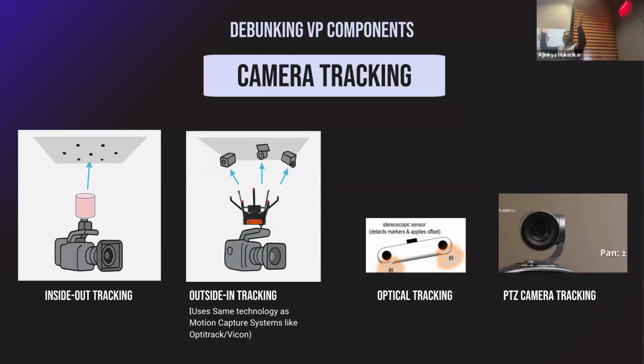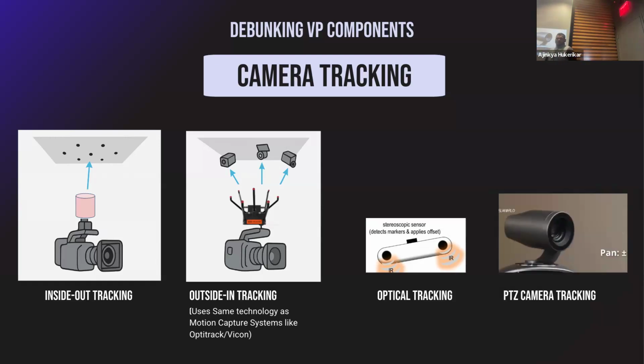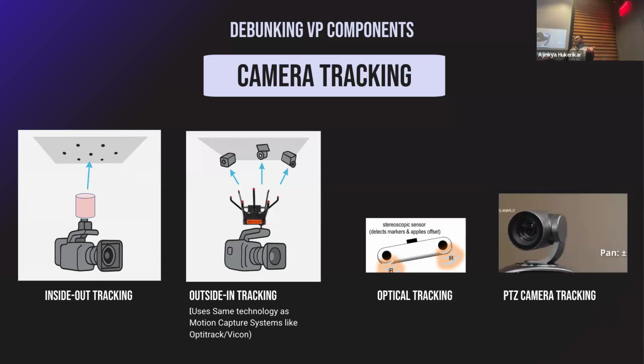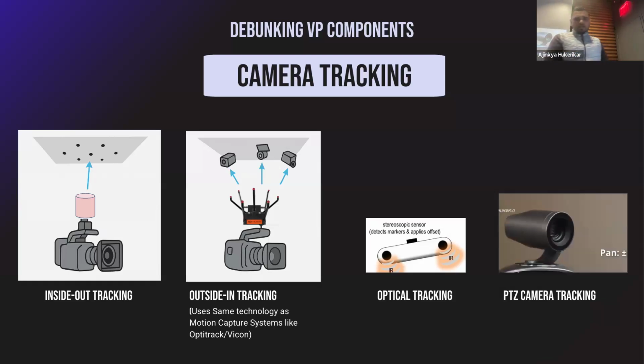So the whole system can see the entire studio at all times, and probably 3 cameras can see one part of the space. Then your tracker is basically a dummy on the camera, which is a rigid body, which these cameras can see and then identify the location and give you real-time coordinates.